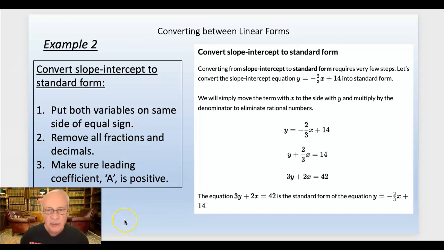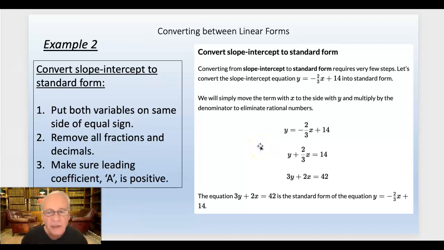All right, example 2, we're going to convert from slope-intercept to standard form. All right, you have slope-intercept, you need to go ahead and put both variables on the same side of the equal sign. So the first thing you do is just take this x term and put it to the other side. So it's on the same side as the y.